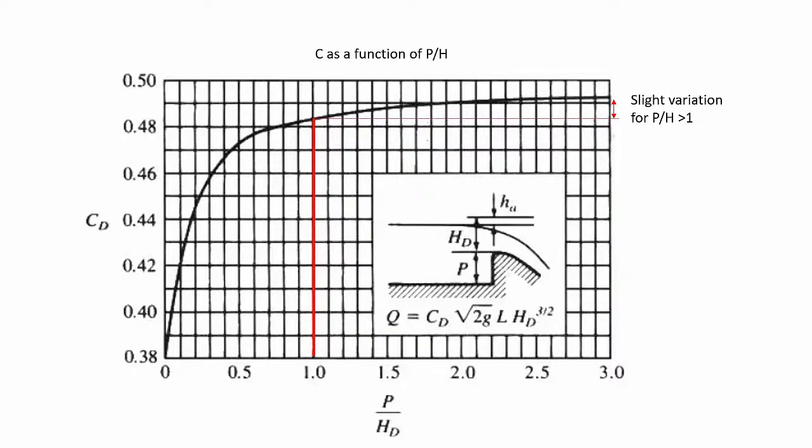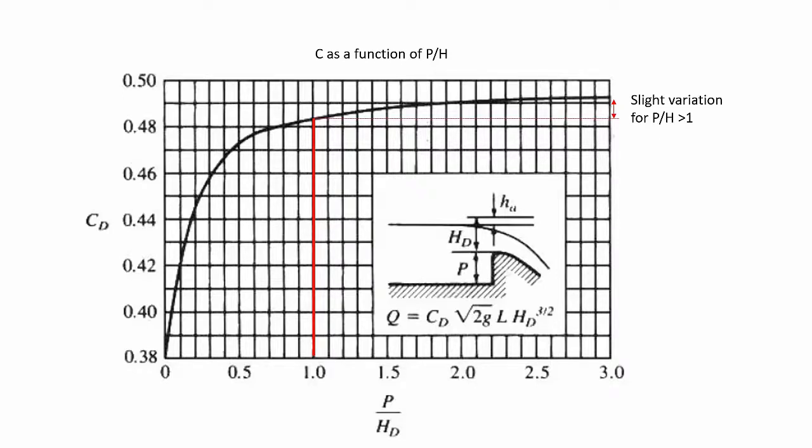One important thing to be noticed is that the weir coefficient has been found as a function of h over p, as shown in this graph, where h is the weir head and p is the weir height. In this experiment, you will have weirs with different heights. How can we compare the coefficient if the weirs' heights are different?